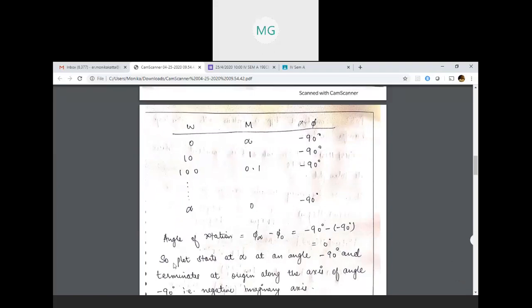So where will the plot start? What is the magnitude of the starting point? Your plot starts at omega equals 0. That means it will start from, please respond, all of you.